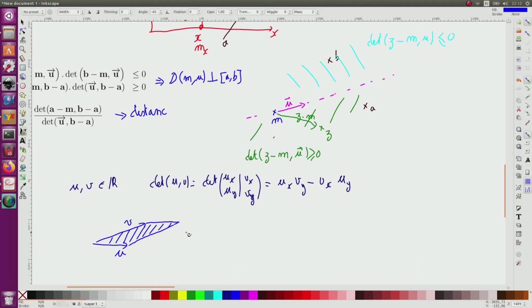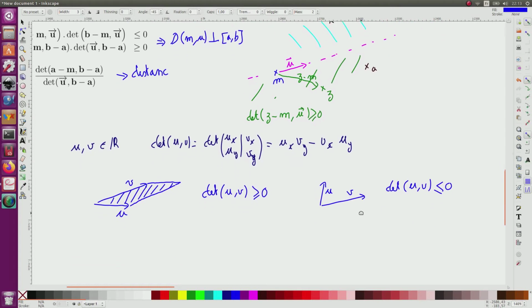So in this case, the determinant of U and V is positive because U is on the right of V. If here I have U and V, the determinant of U and V is negative because U is on the left of V.